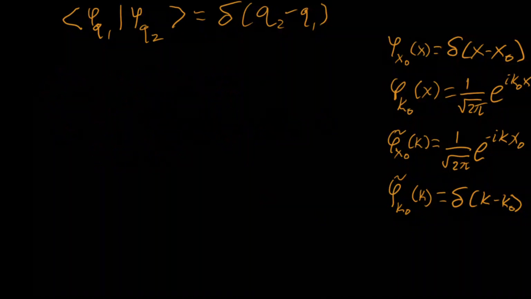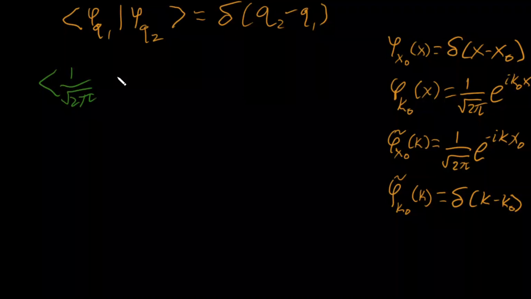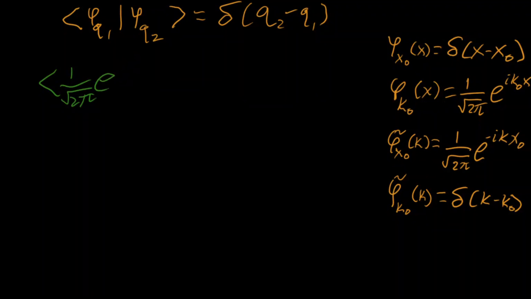We are now taking the inner product of 1 over root 2 pi e to the i k1 x, with 1 over root 2 pi e to the i k2 x.